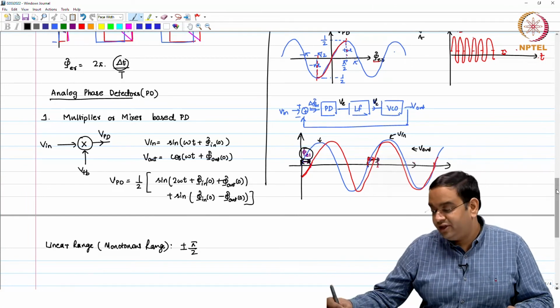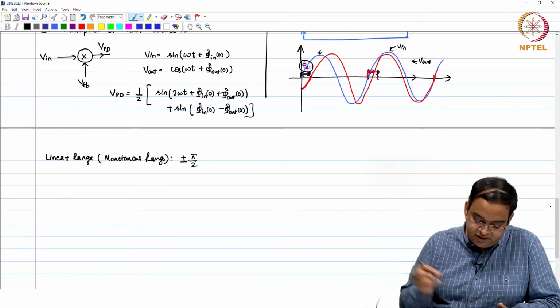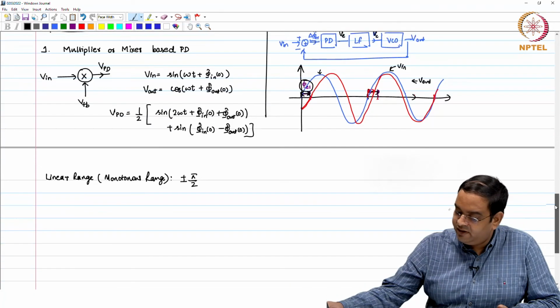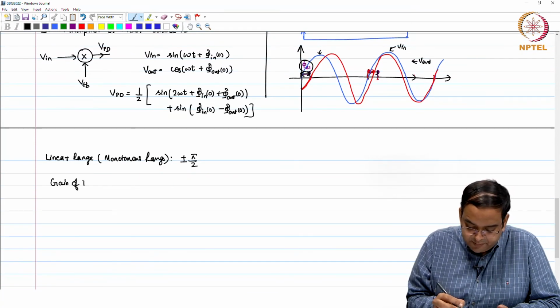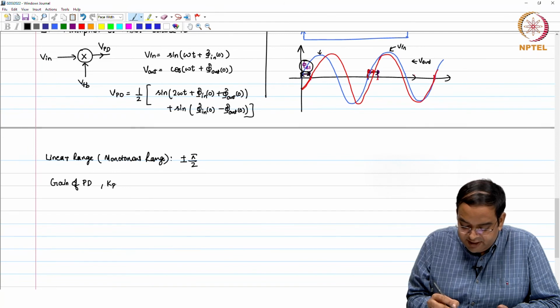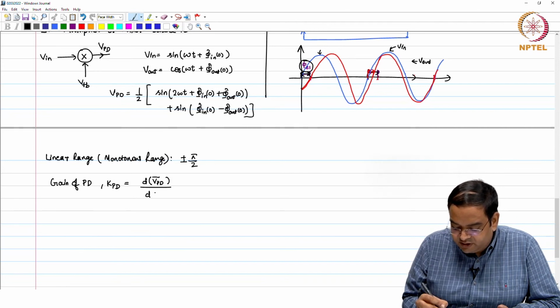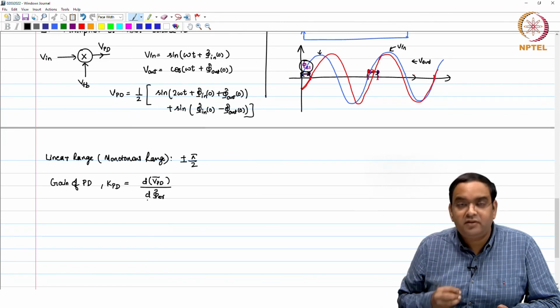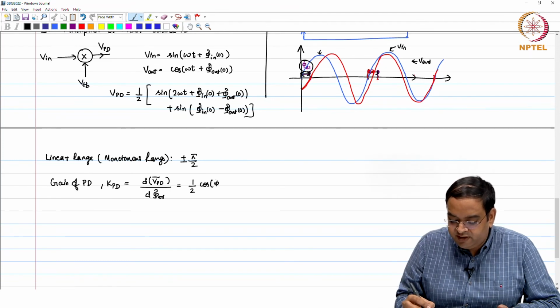in the opposite direction. Other thing which we have defined, we will just reiterate it here, the gain of this phase detector, which is defined as KPD, and this KPD gain is defined as the derivative of the average output voltage with respect to phase error, and here this is equal to half of cosine of phase error.